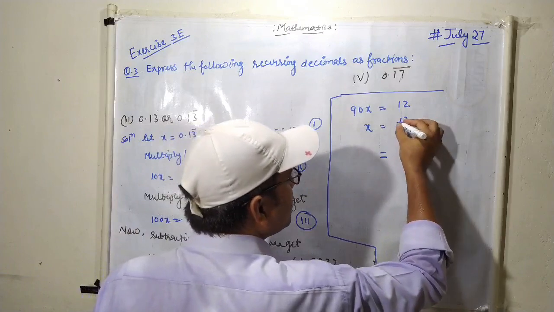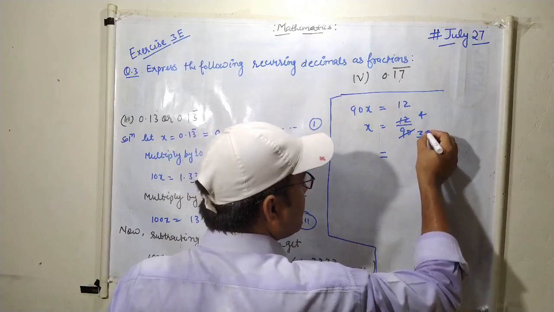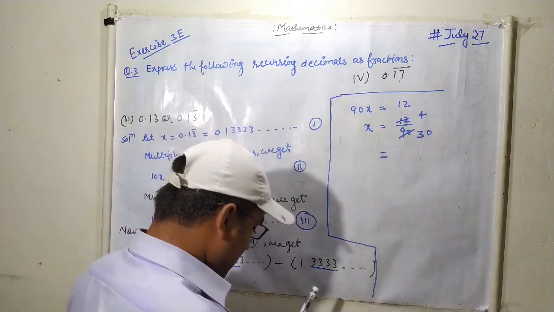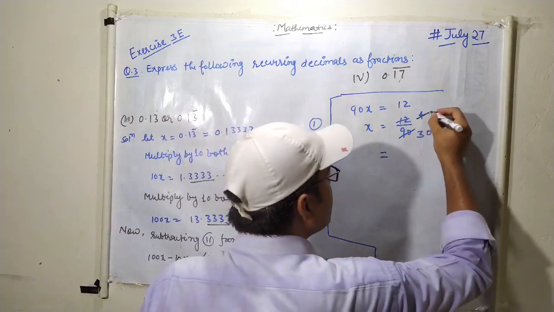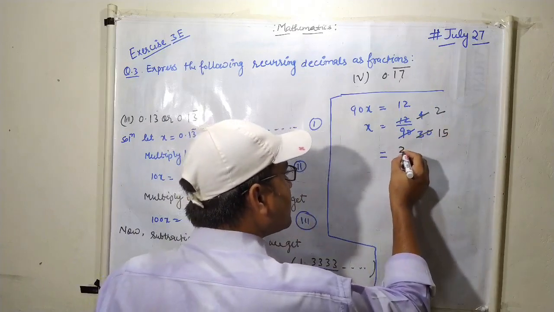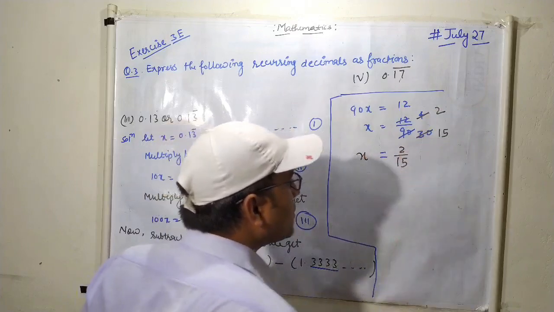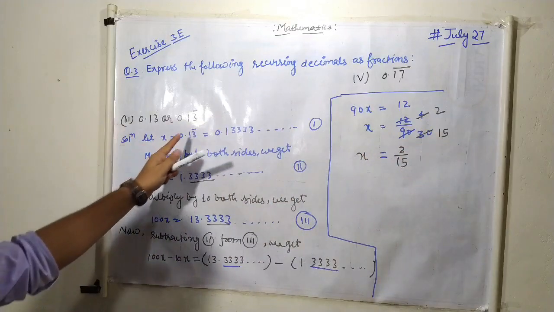This cancels out by 3. 3 4s are 12, 3 30s are 90, 30. Again it cancels out by 2. 2 2s are 4 and 2 15s are 30. So what will you get? 2 upon 15, and it is not cancelled out by any other term. So x is equal to 2 upon 15, and what is the value of x?